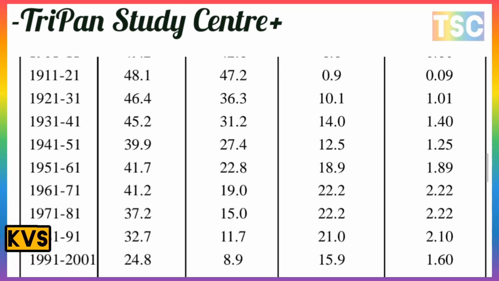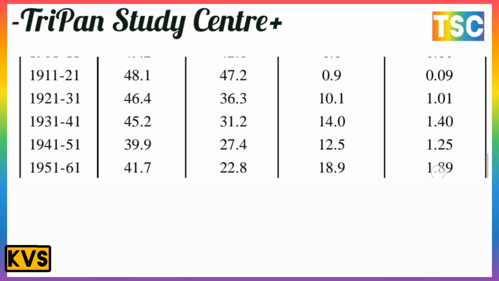But notable here, in 1991 to 2001, the birth rate is 24.8 but the death rate is greatly decreasing to 8.6. The percentage is 1.60. There is more important information in this table.